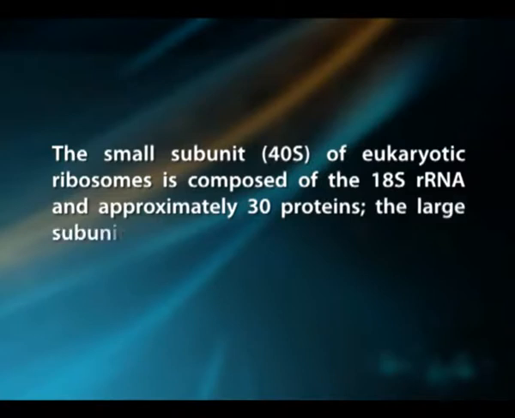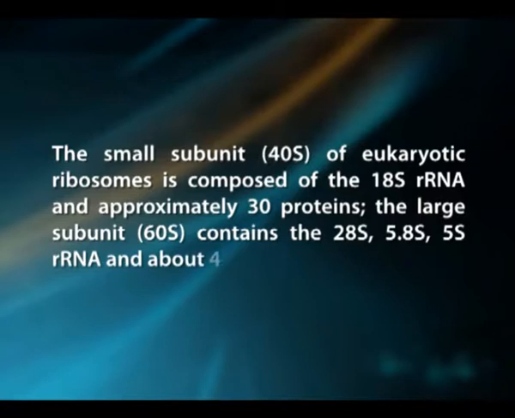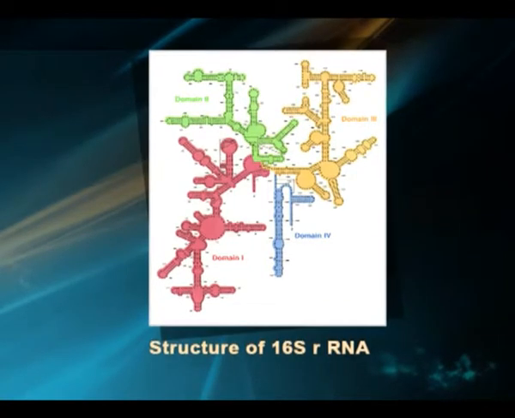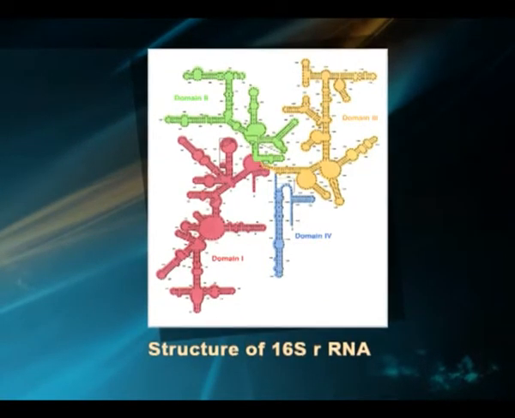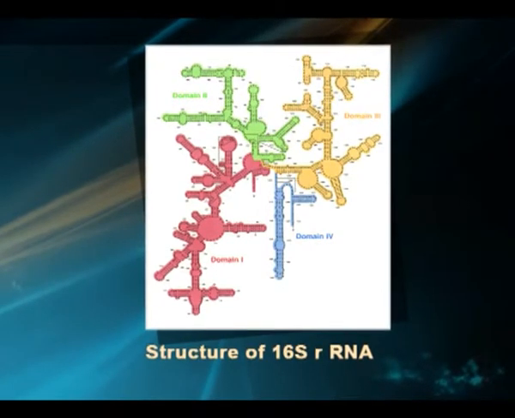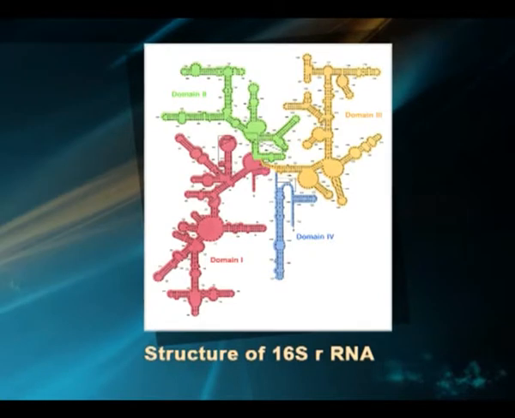The large subunit 60S contains the 28S, 5.8S, 5S rRNA and about 45 proteins. Like tRNAs, rRNAs form characteristic secondary structures by complementary base pairing. In association with ribosomal proteins, the rRNAs fold further into distinct three-dimensional structures.